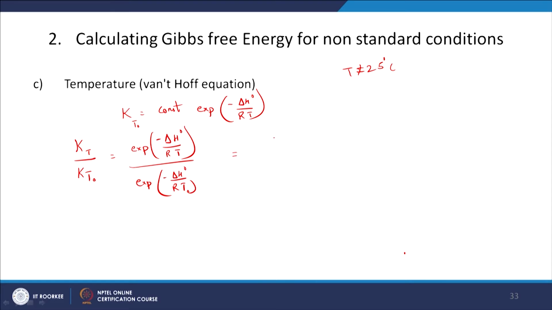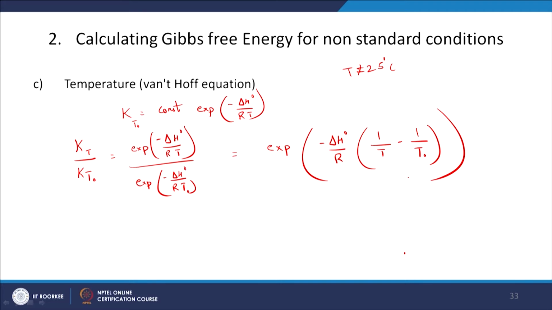So what will that translate into now? If I take out minus delta H naught by R as common, it is going to be 1 by T minus 1 by T naught.